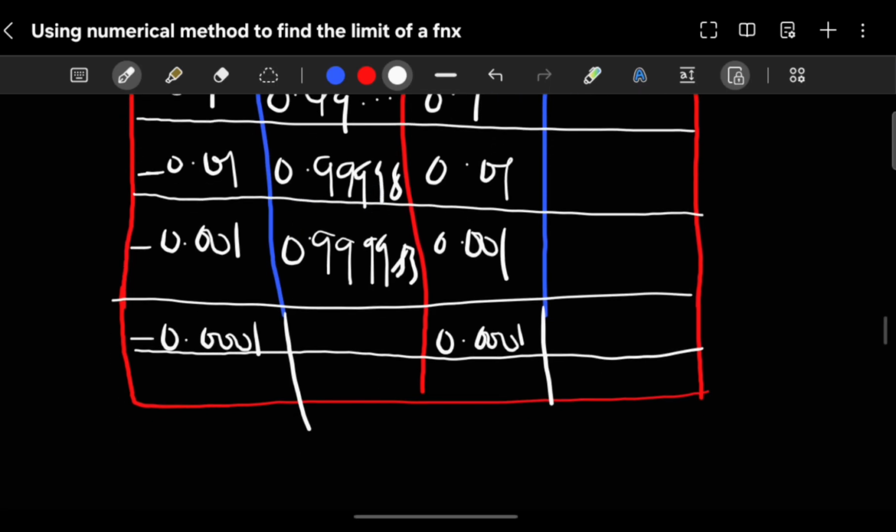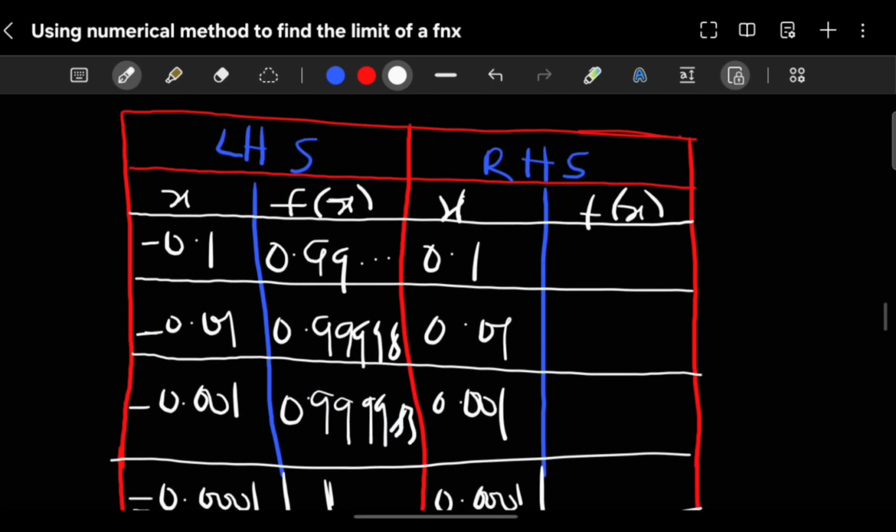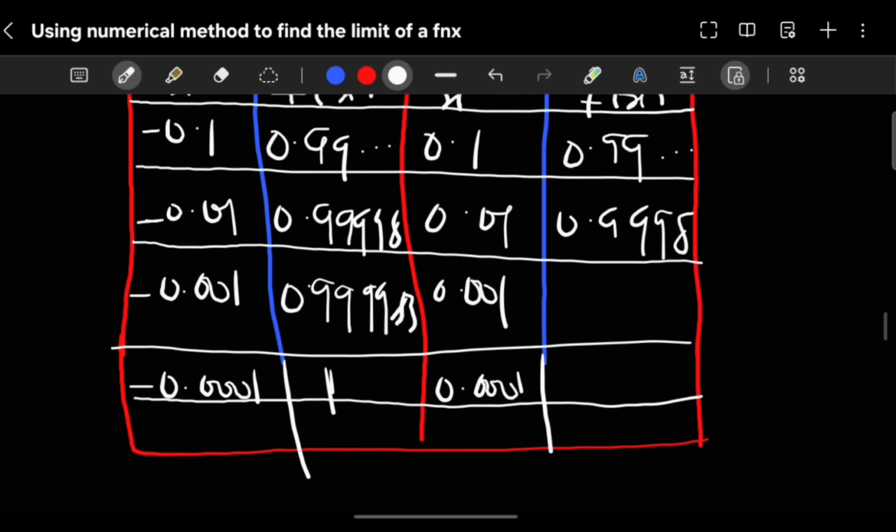So the more we increase the zeros and it is approaching 0, you get to know that the function will also be approaching the number 1, right? And when we do the same to the right hand side, we're going to get 0.99. In the first one, we have 0.9998 in the second one, then 0.99998, then it continues, and as it continues, the function is going to approach 1.